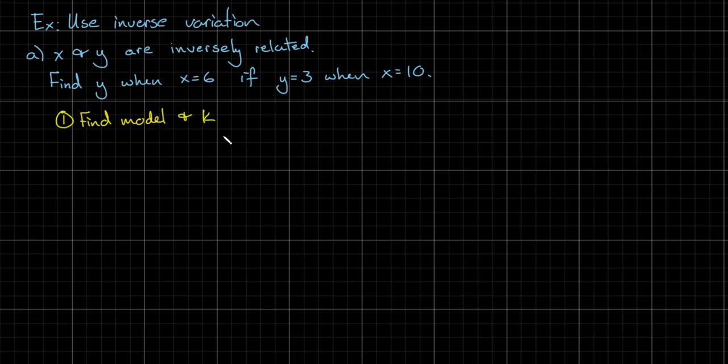Now, the fact that we see inversely related means that my model has a very specific look to it. It's going to be y equals what? How do we write inverse variation? If you look up in your notes, when we said it, it said, here's what it means, here's the model that we use. So y equals k over x. That's our find model part.